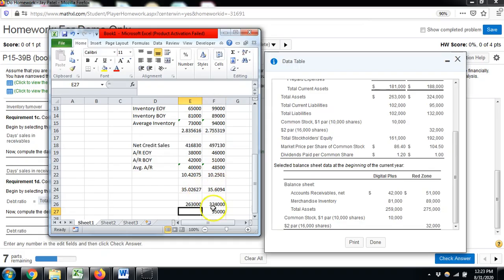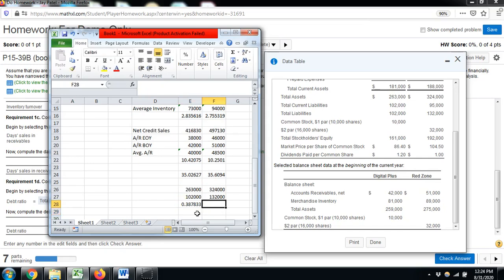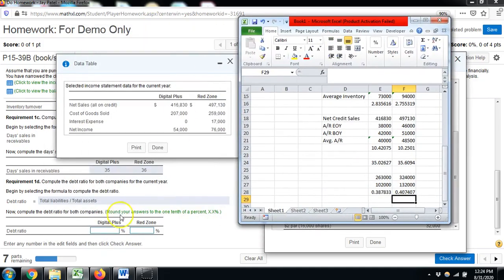Sorry, I did current liabilities. You want to make sure you're taking total liabilities. So we have total liabilities divided by total assets.